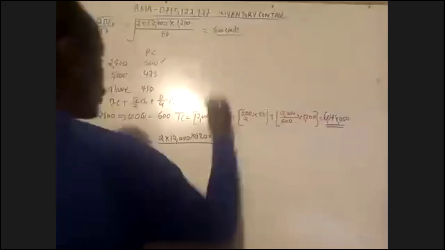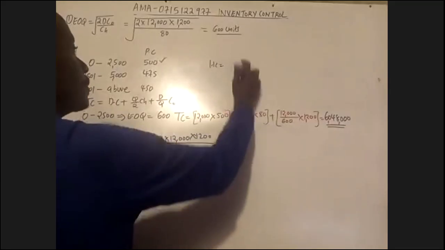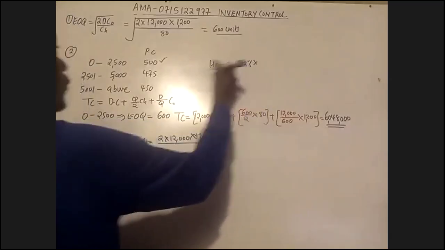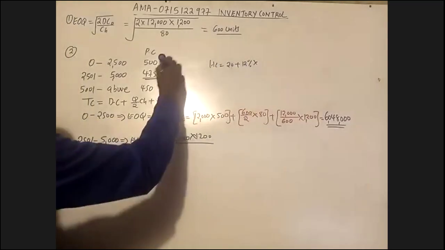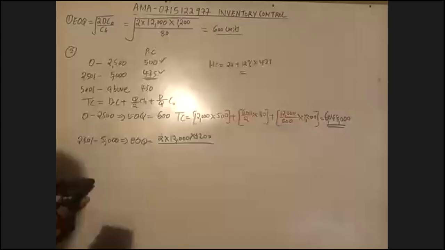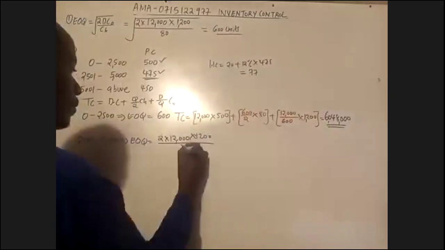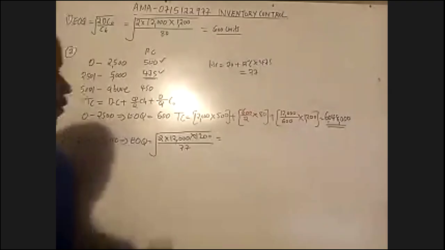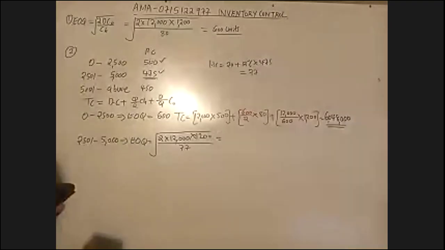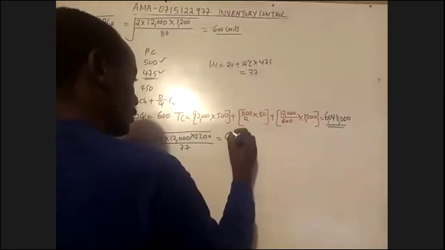So you'll find holding cost ni 20 plus 12% of our new purchase price, which is 475. So 20 plus 0.12 times 475. 77. Itakuwa ni 2 times 12,000 times 1,200 divided by 77 square root, which is 612 units.